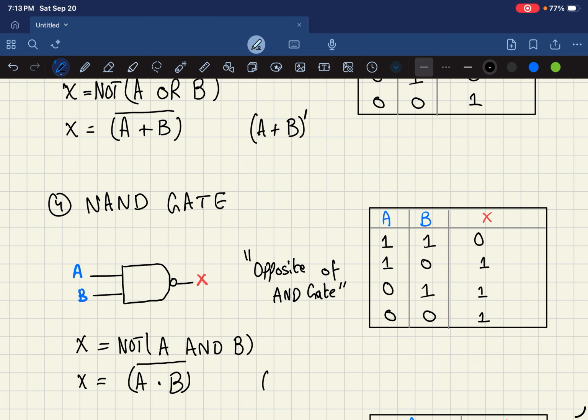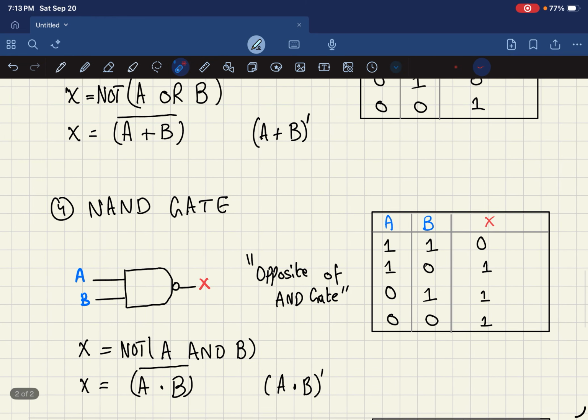Just like the OR gate, we have an alternative way of representing the same thing, which is A dot B and then a dash. So again, remember, it's going to be either this one or this one. You can use whichever one you like. It's up to you, but there are these two ways of representing the same thing.